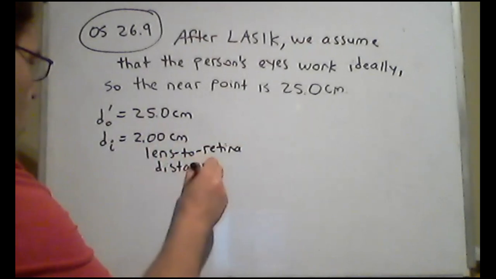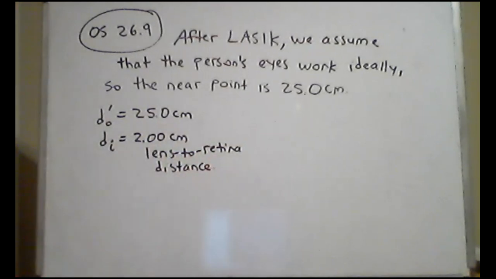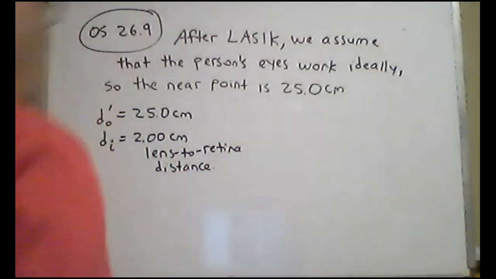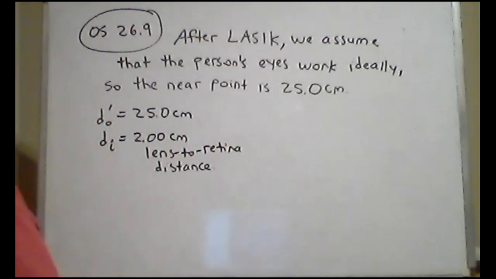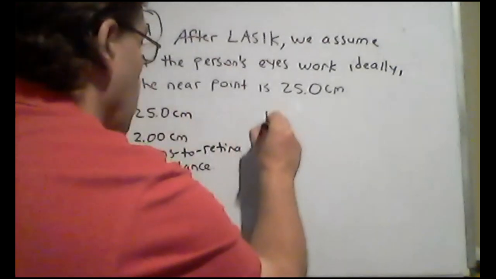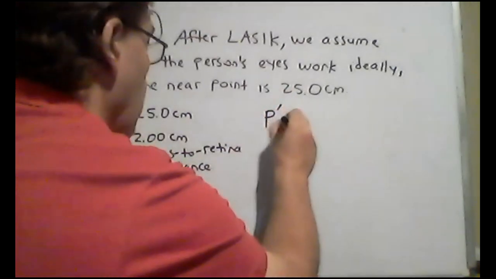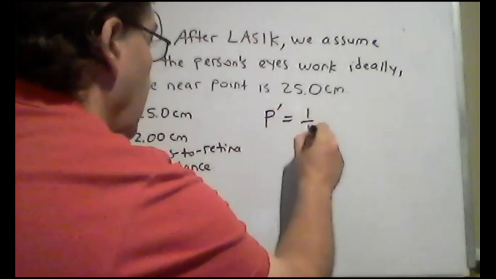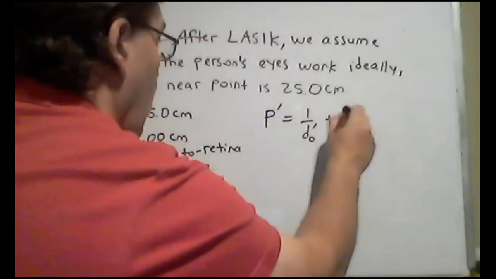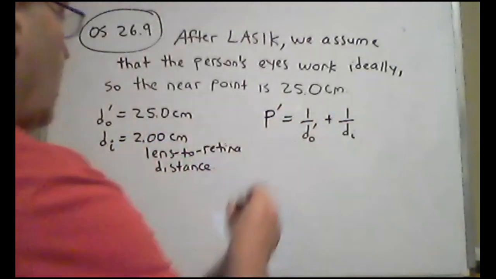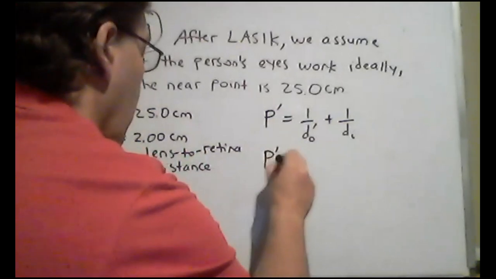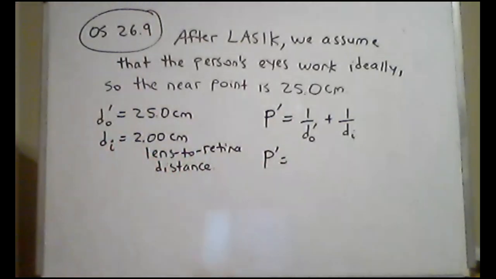Now, what does that mean? What would the ideal power be? We've calculated this already, and I know that it's 54 diopters, but let's work it out. After LASIK, what's this person's power? Again, we use the eye doctor's equation. P prime is 1 over D_O prime plus 1 over D_I. You have to use meters for your distances.